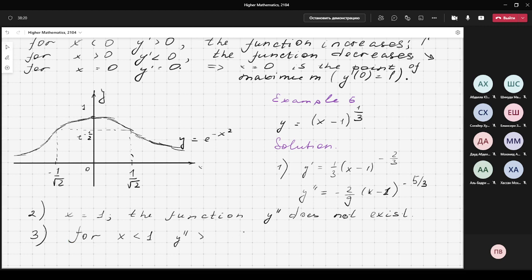The curve is concave. For x greater than 1, y double prime is less than 0. The curve is convex.